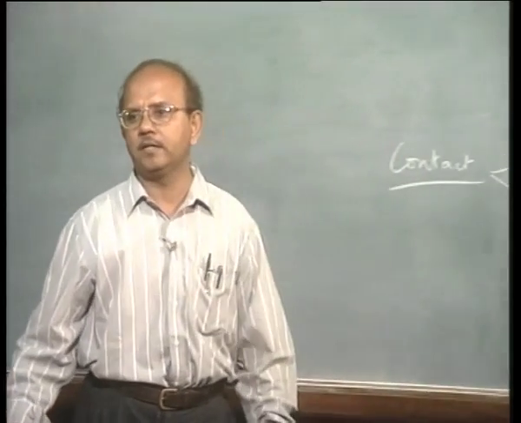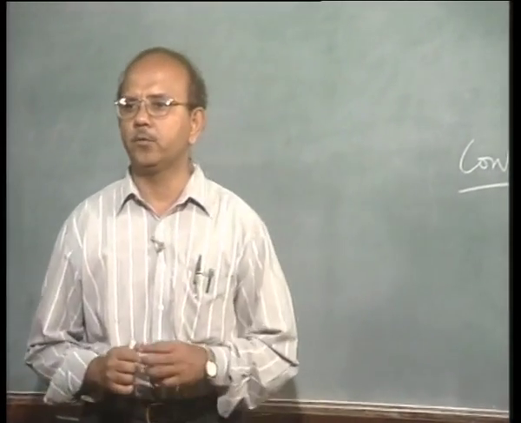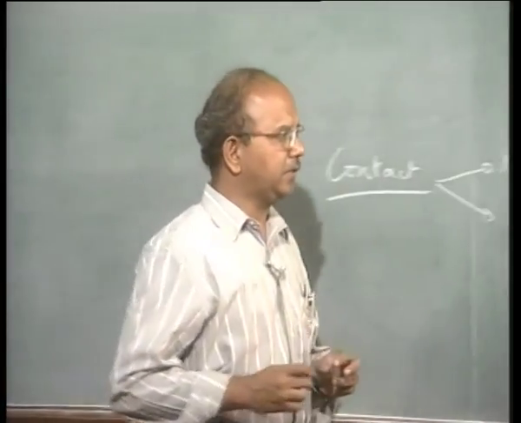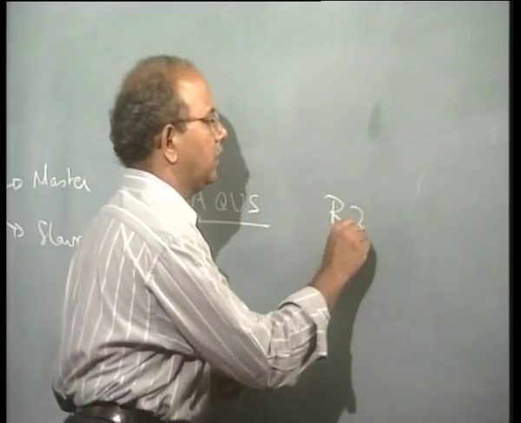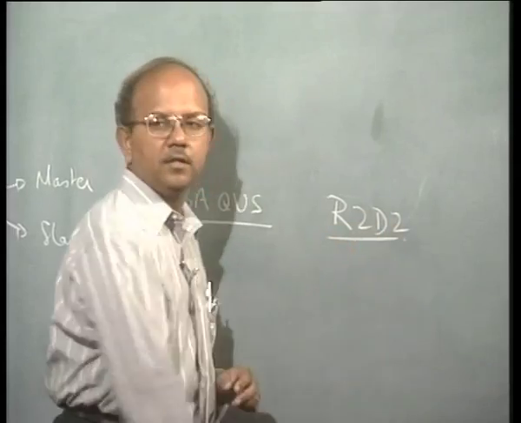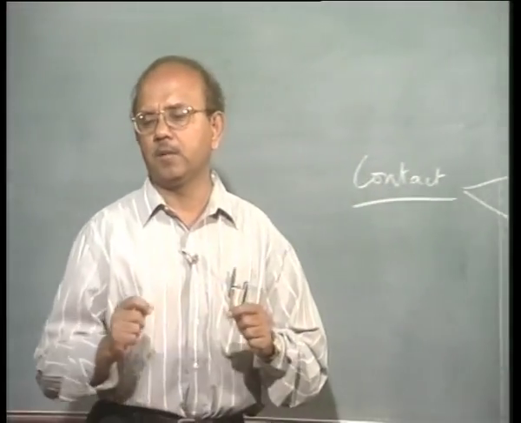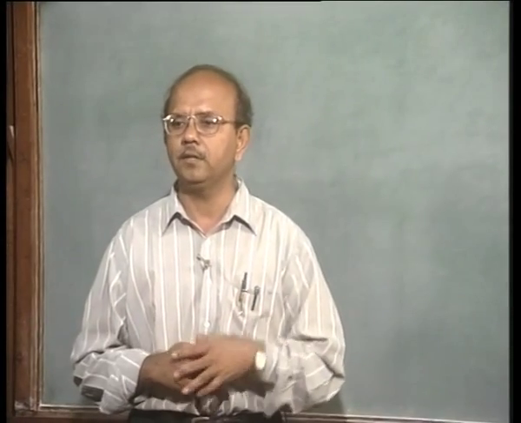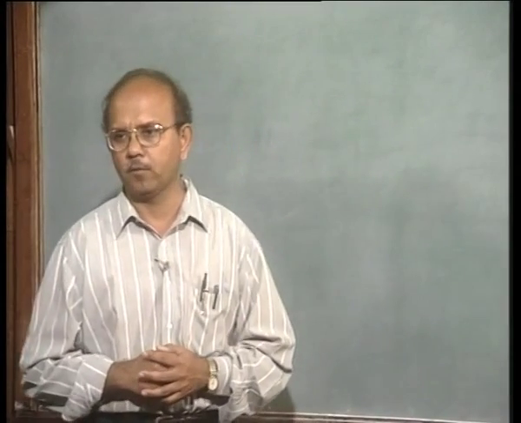Let us now look at how we define contact between rigid and deformable. Now, there are special elements, for example, here called R2D2 element. This is a rigid element which can, for example, be used with the plane strain problem.